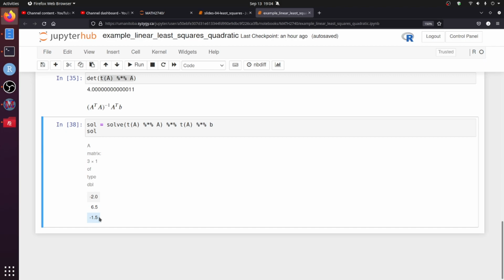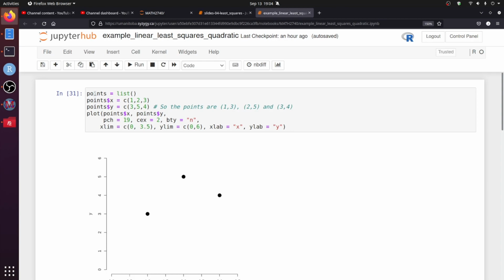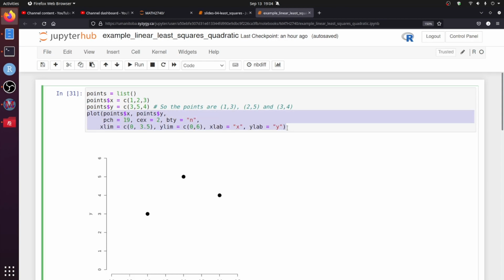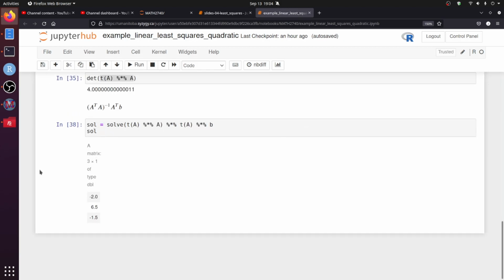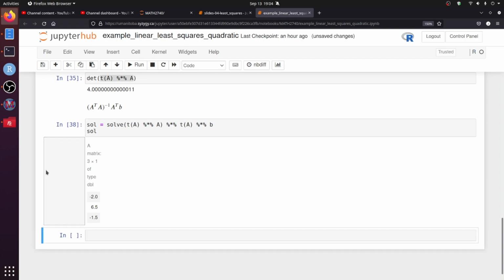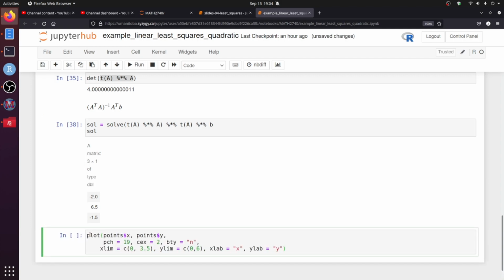So how did we do? Well, we want to plot again. I've already got the points in memory, but I will take this plot again. Let's plot this. In the previous example, when I was fitting an affine function, I could use the function abline because it creates a straight line.